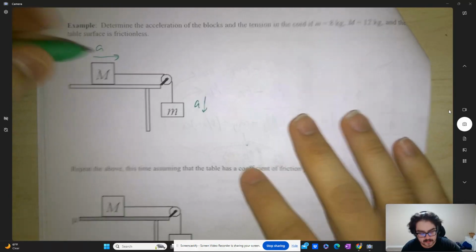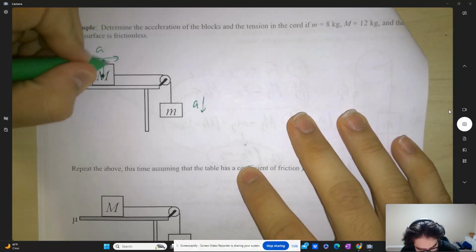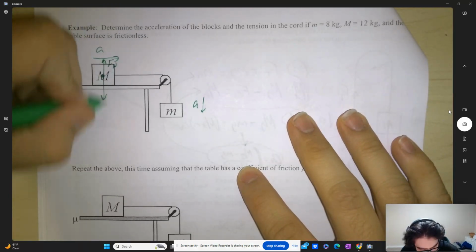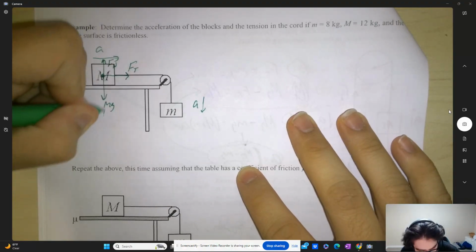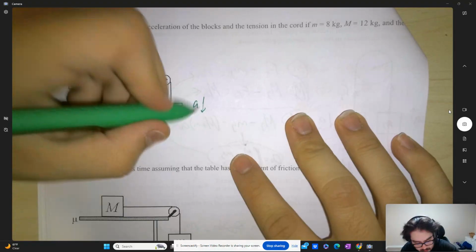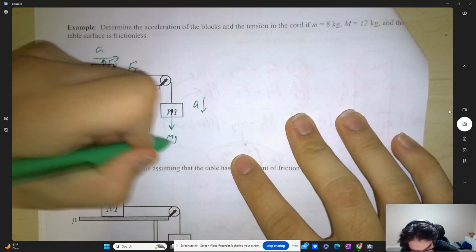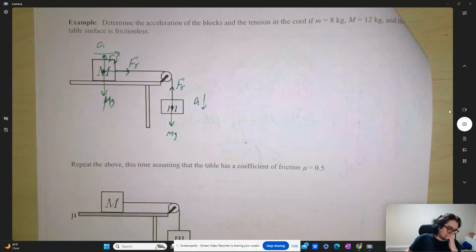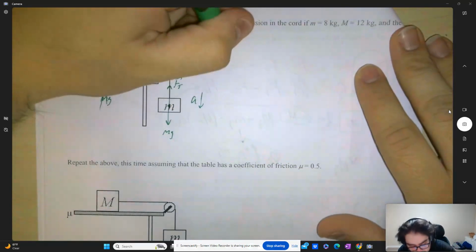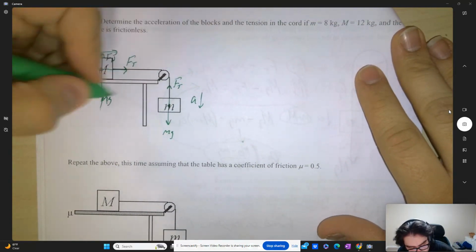So when we draw our forces, we've got normal force going up, capital Mg going down, and the tension here. And then here we've got little mg going down and tension force going up. I'm going to write an expression for both of them.